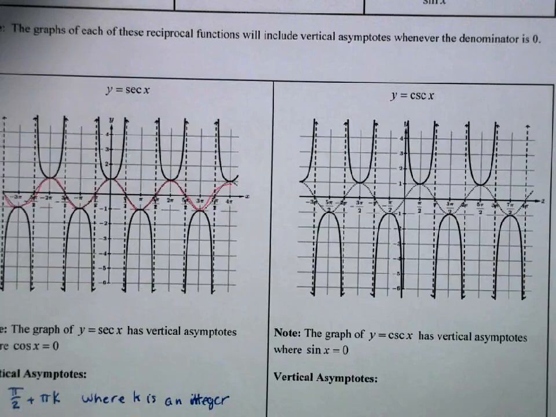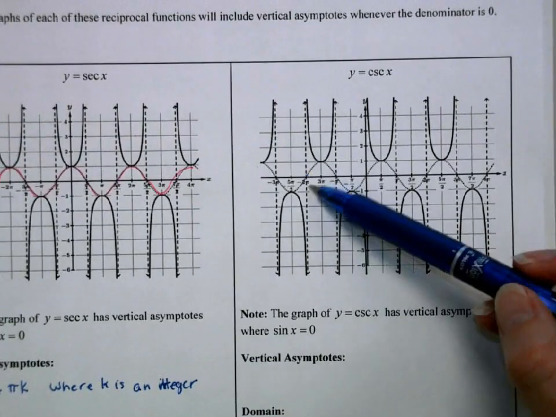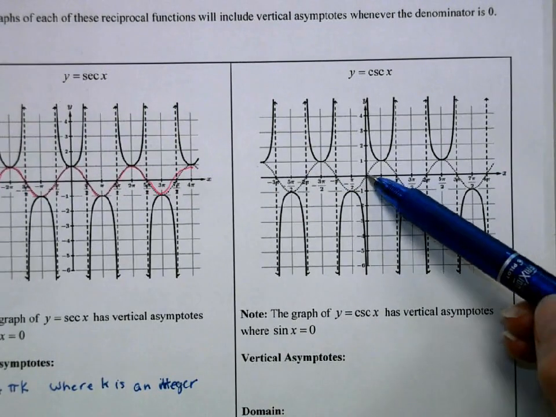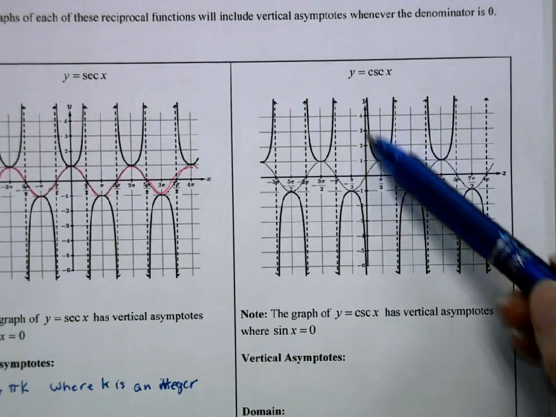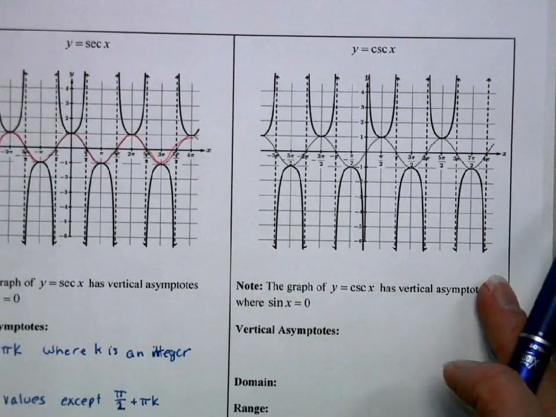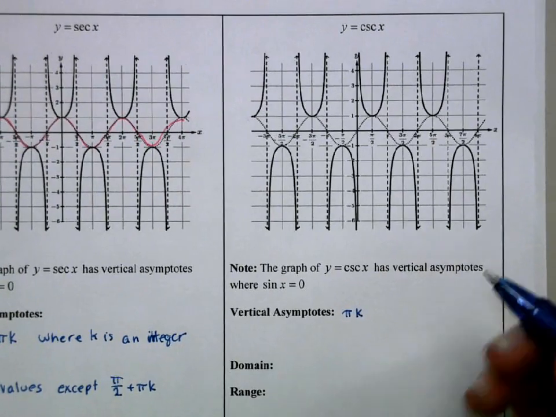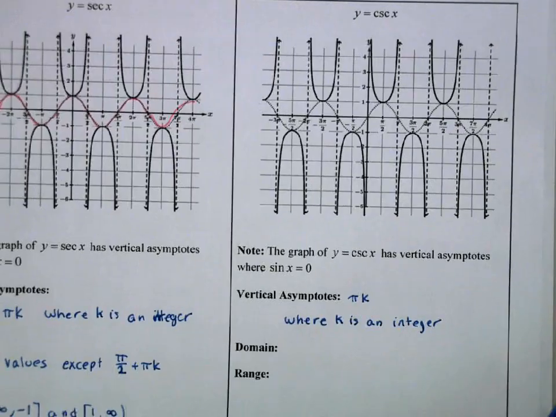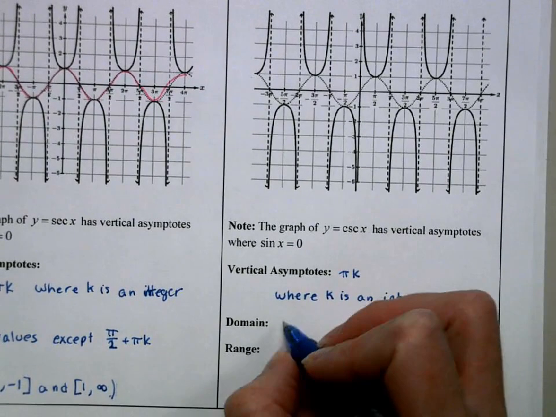We have a similar graph for cosecant. So we have our graph of sine here. Whenever sine is 0, we have a vertical asymptote. Whenever sine is 1, we've got that matching point. So we see a similar idea here. The vertical asymptotes are going to be pi k, where k is an integer, meaning the domain is all of the values except those.